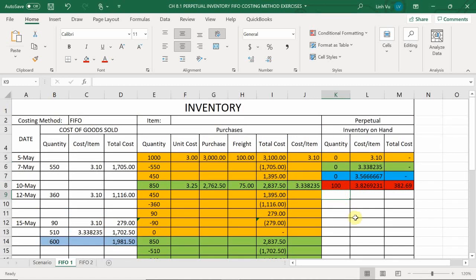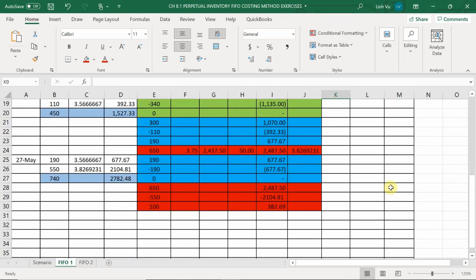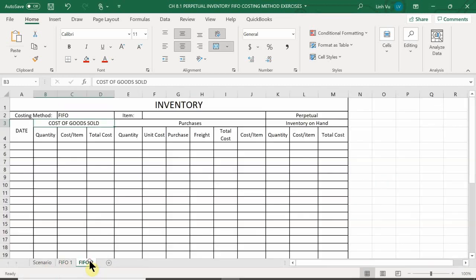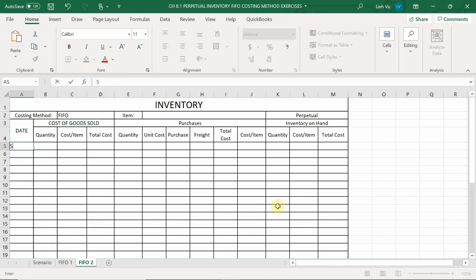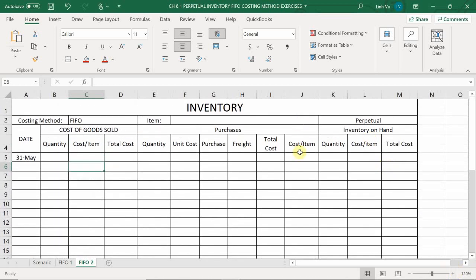And it's at $3.8269, etc., so at least my total is $382.69. What we're going to do is carry that number over into our inventory worksheet here. I'm even going to add the date, saying that this is May 31st, and add that into my inventory on hand.